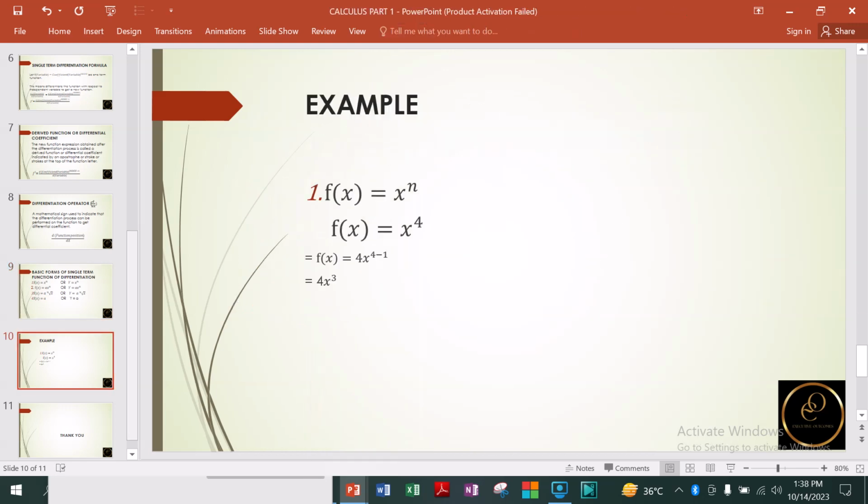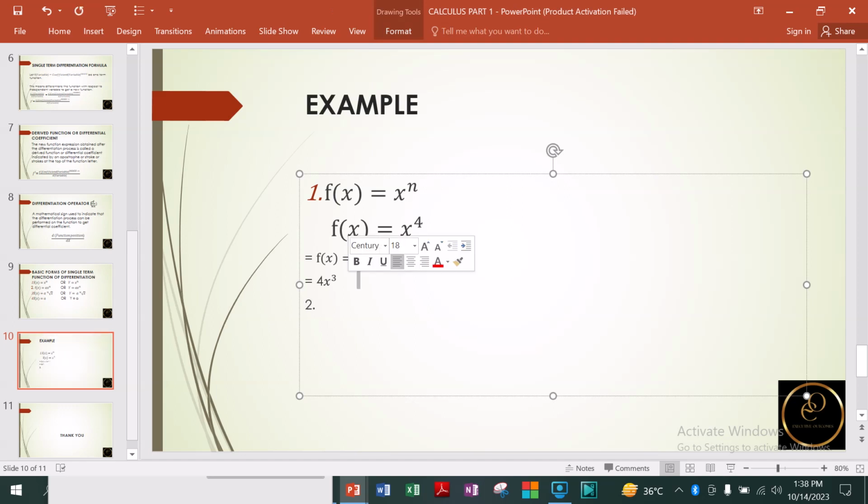To demonstrate again, this is number 2. We are looking at an example in this form.